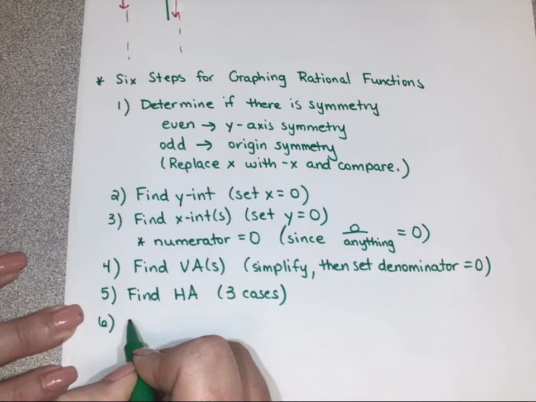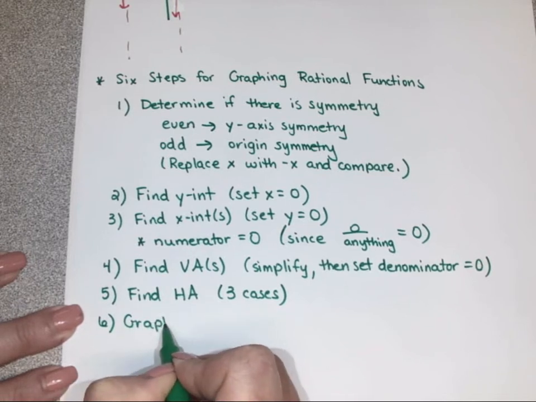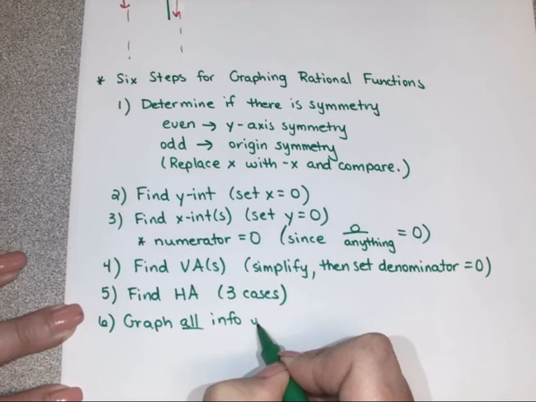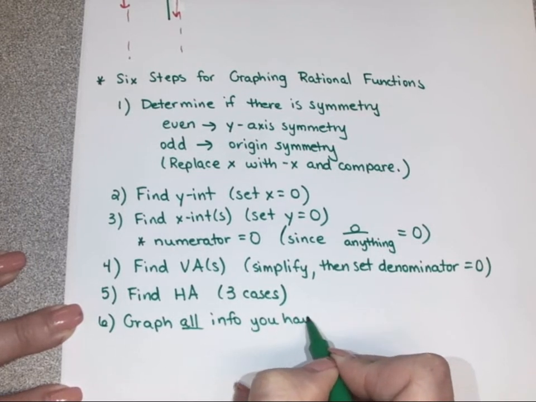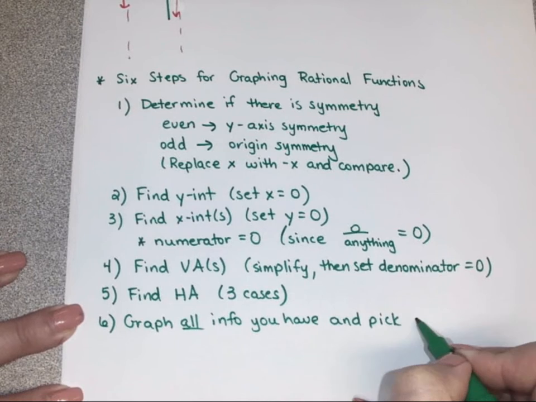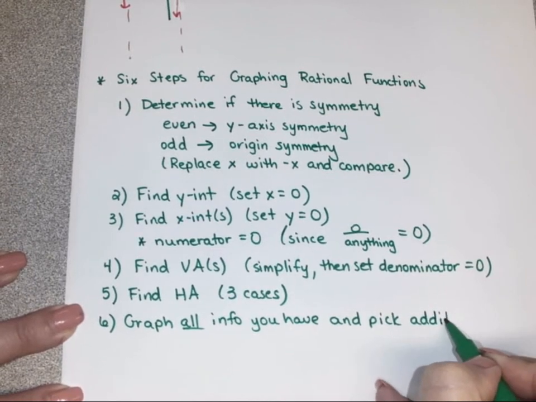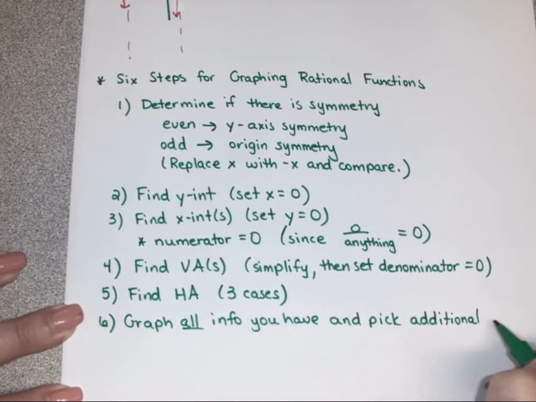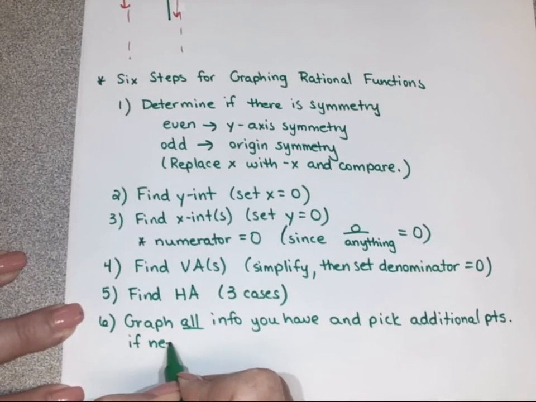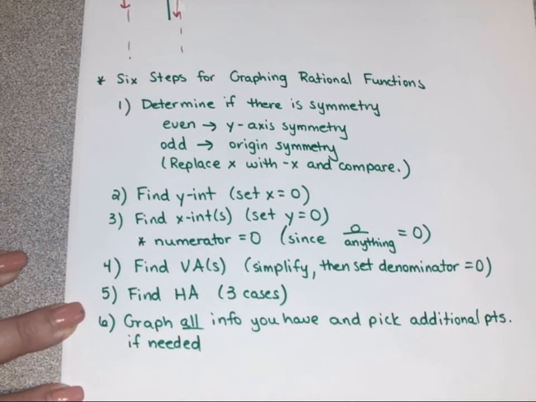And then last but not least, just like we did with polynomial graphs, you're going to graph all the info you have, and you're going to pick additional points if you think you need them. Okay, but just like polynomial graphs, how are you going to know where your gaps are?